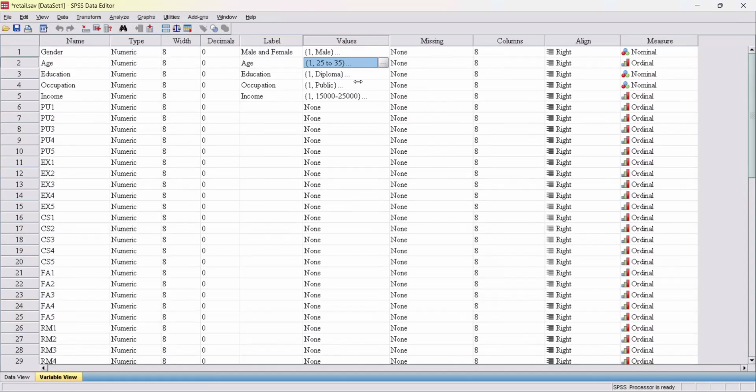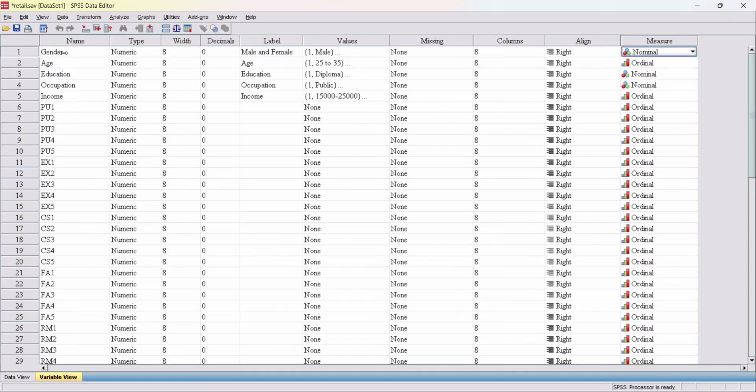So whatever the question is, your data is there, it is done. Here we can see another important factor, which is the measure. Under the measure, we can say nominal. How can you select whether these variables are nominal, ordinal, or scale?